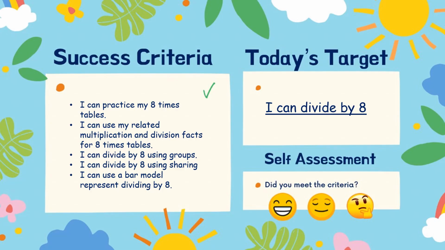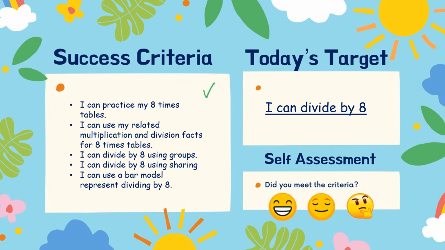Well done everyone. How did you get on with today's work? So today's target was I can divide by 8. And today you have practiced your 8 times tables. You have used your related multiplication and division facts for your 8 times tables. You have also been able to divide using groups. You have been able to divide by sharing.